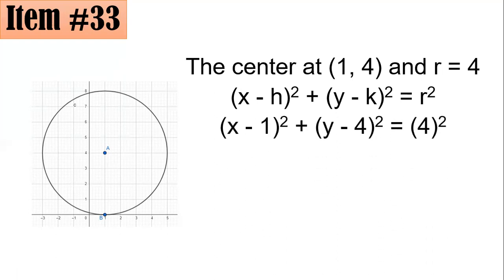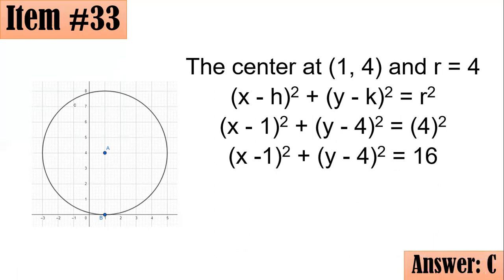And we have x minus 1 quantity squared plus y minus 4 quantity squared equals 4 squared, and the right-hand side will be simplified to 16. Hence, the correct answer here is letter C. All right.